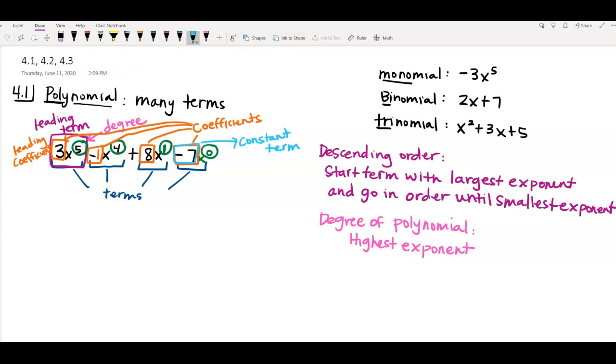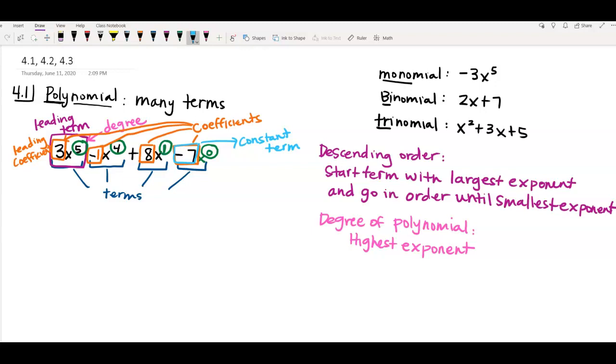What questions do you have here? It might look like a bit of a mess, but there are a lot of different parts to this polynomial that I want to make sure you understand. Can we cover the leading coefficient one more time? Yeah.